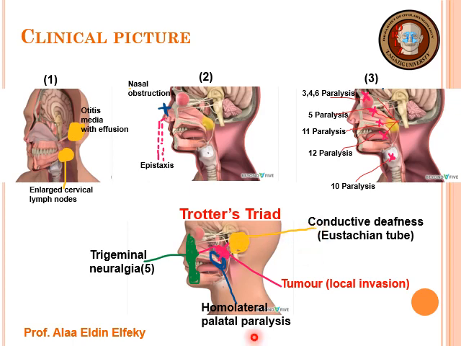Also, there is homolateral palatal paralysis, as I said, with nasal regurgitation and deviation of the uvula to the normal side. Take care, this Trotter's triad is due to local invasion of the tumor to the 5th cranial nerve, the Eustachian tube, and the soft palate.